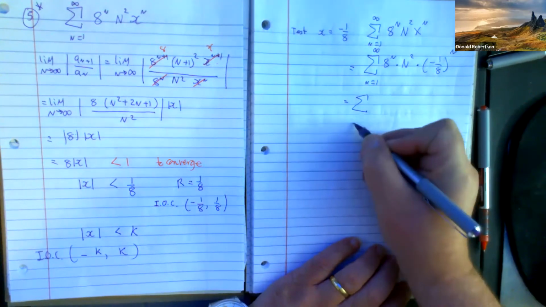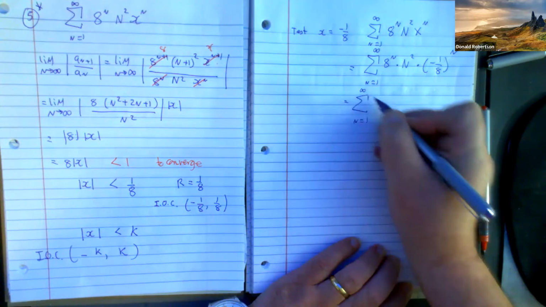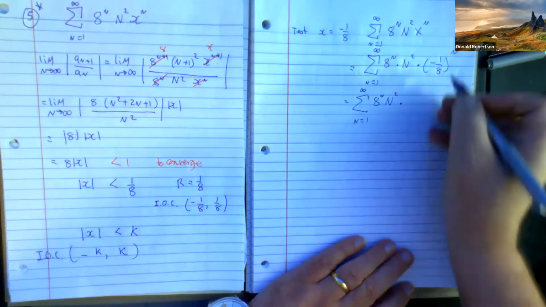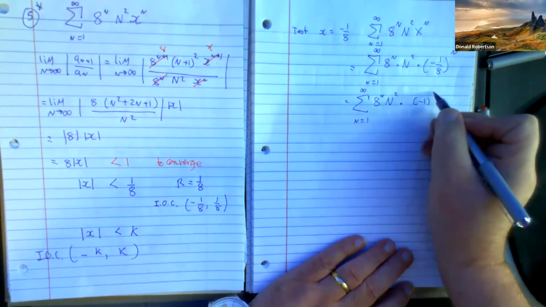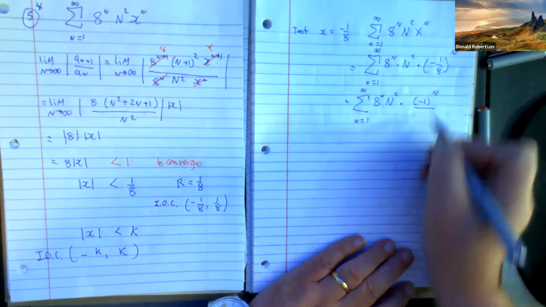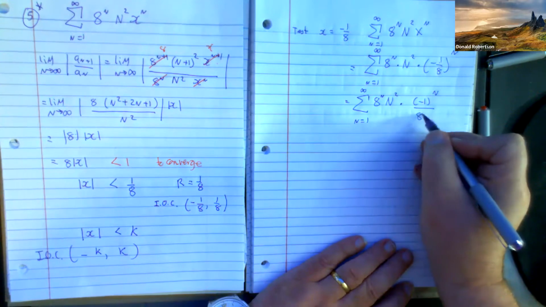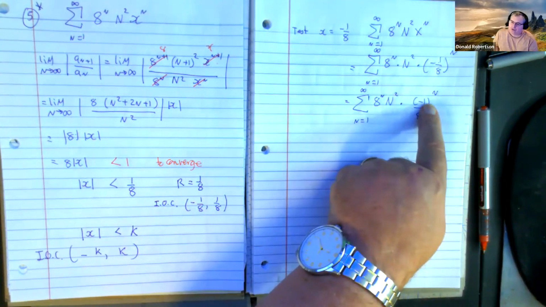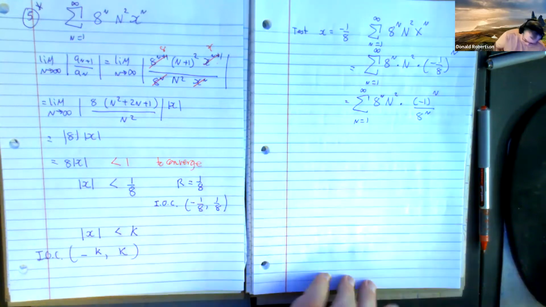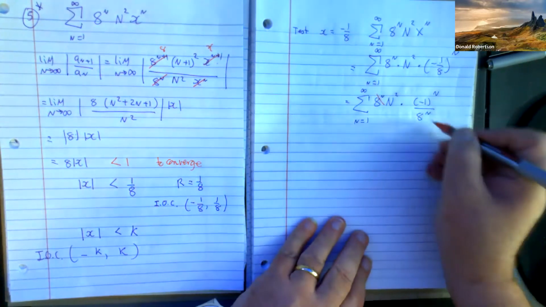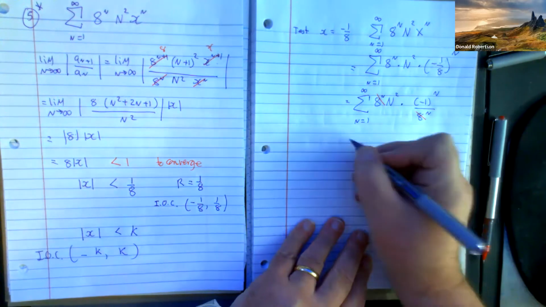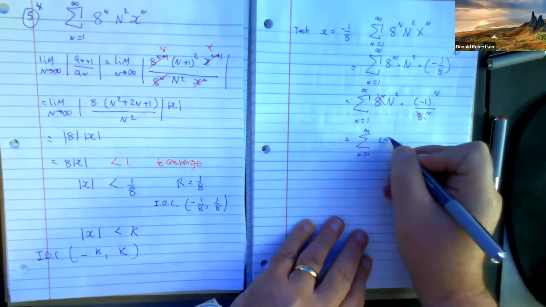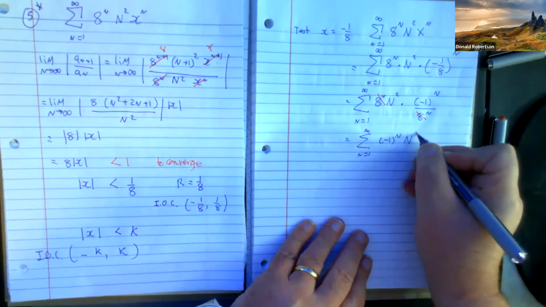And to find whether a series converges or not, you very often have a lot of tidying up to do. This guy is going to become -1 to the power of n over 8 to the n. So I basically took that fraction and gave the top one the negative and the bottom one the 8. And if I do it that way, these two guys cancel. And what we are looking at is that.